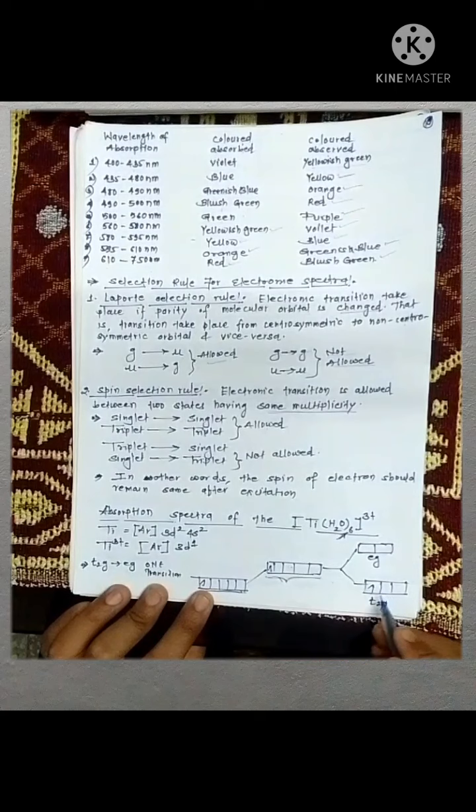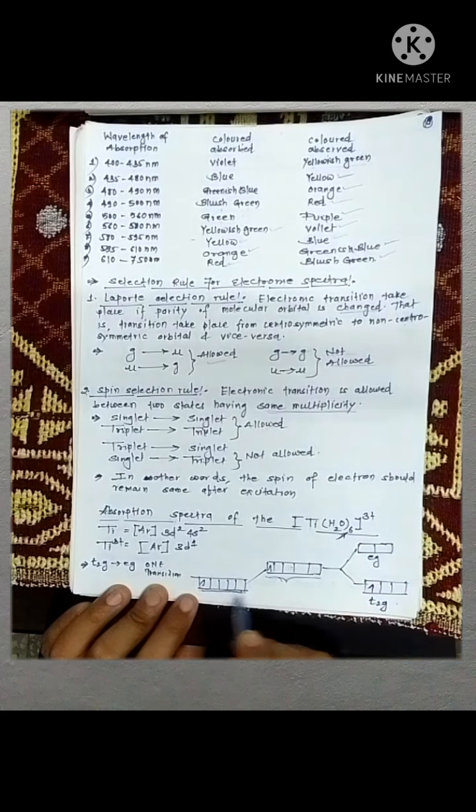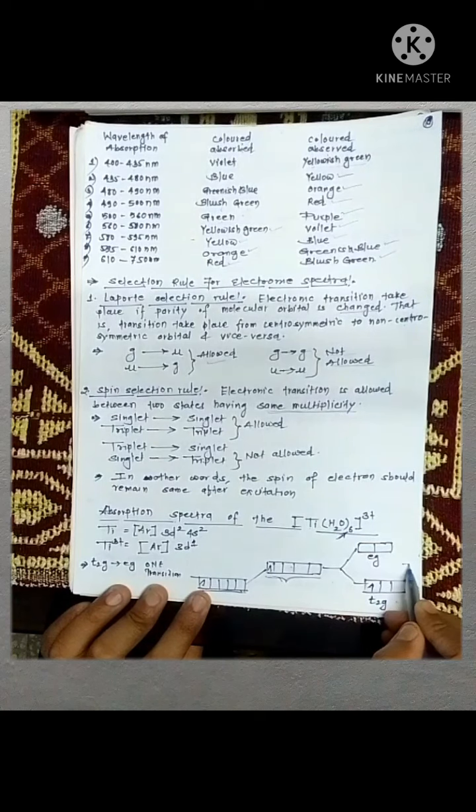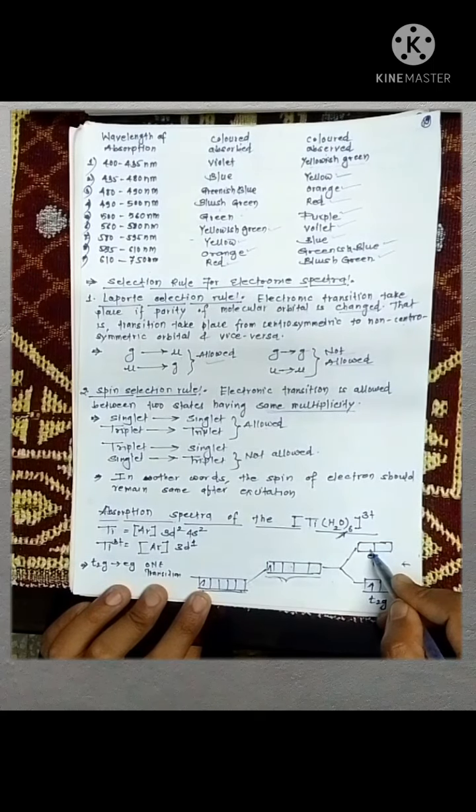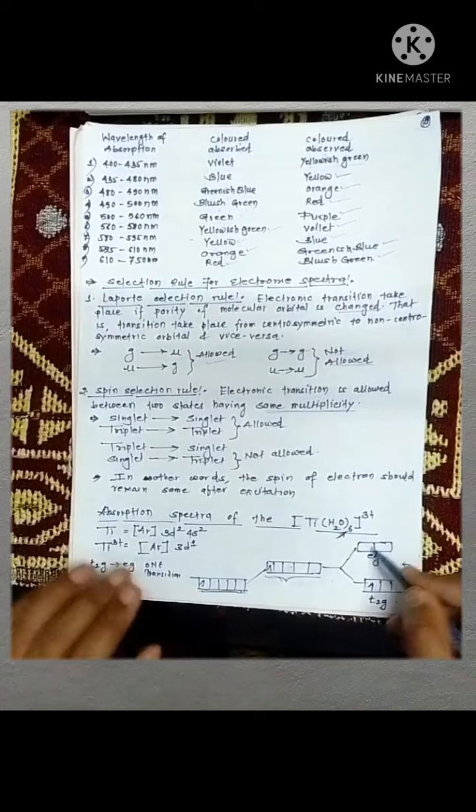So this electron goes to the lower energy state, that is, it comes into the t2g set of orbitals. When this complex is put under light, light is absorbed by this electron, and the electron can shift into the eg orbital.